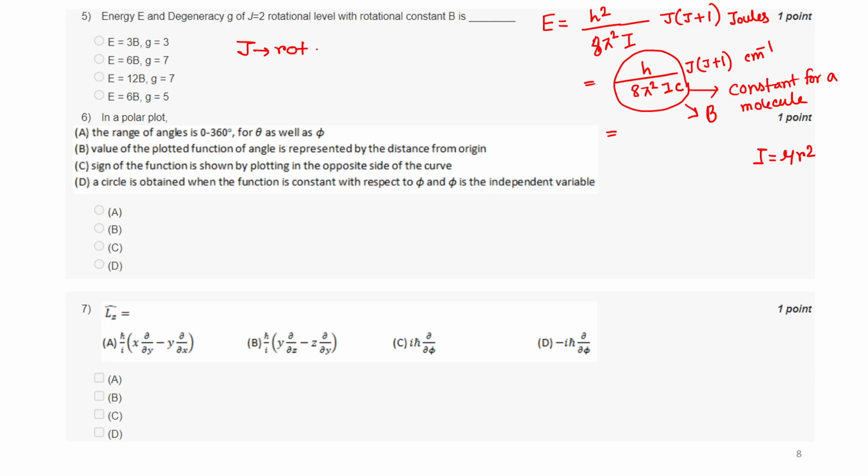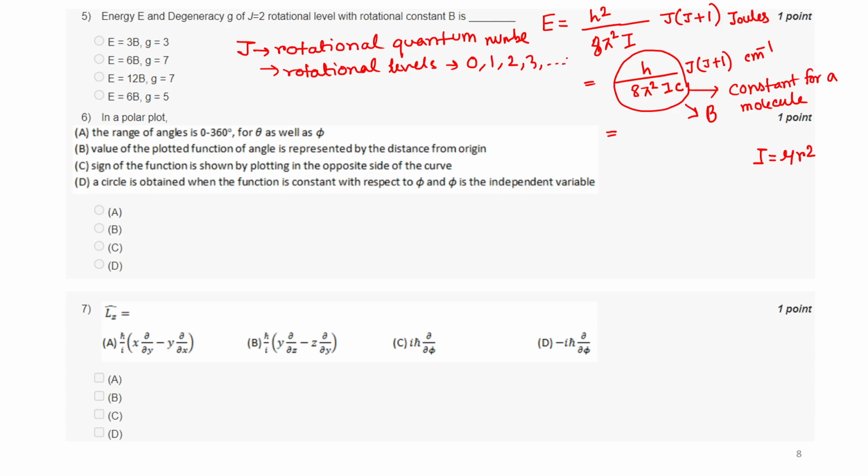The rotational constant is B. You can say rotational quantum number, or you can state it as different rotational levels, right? And it will start from 0, 1, 2, 3, like that.